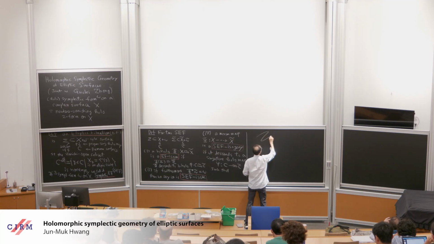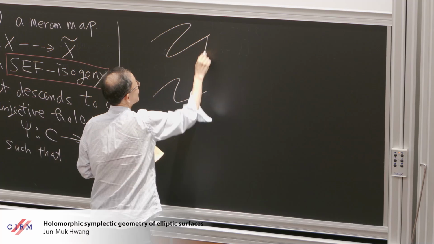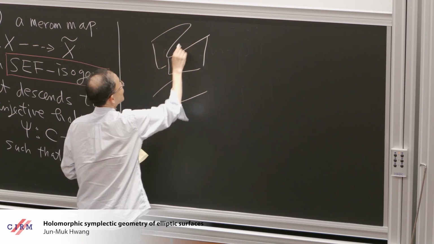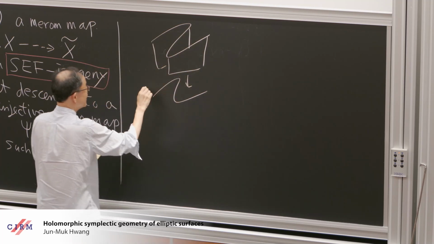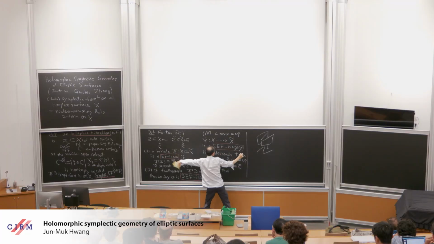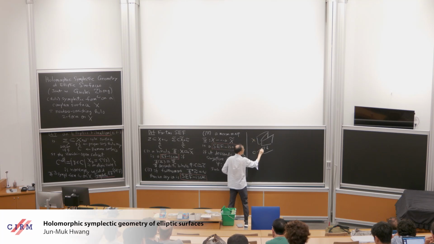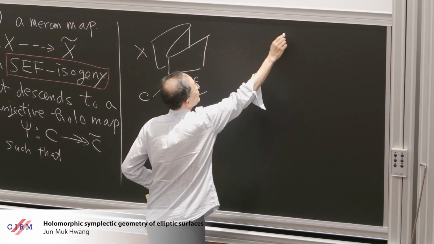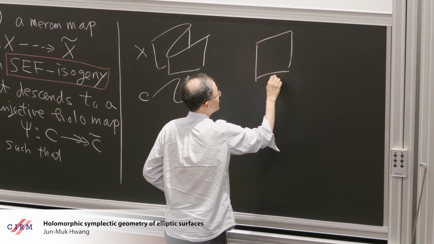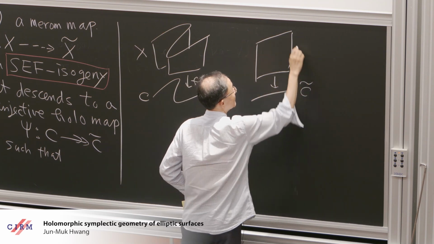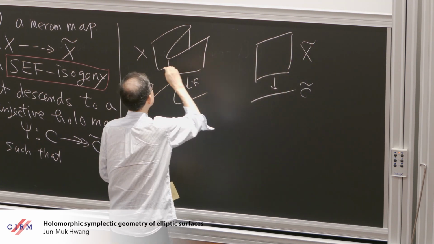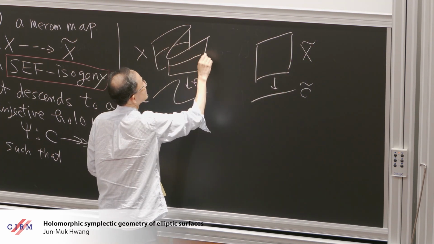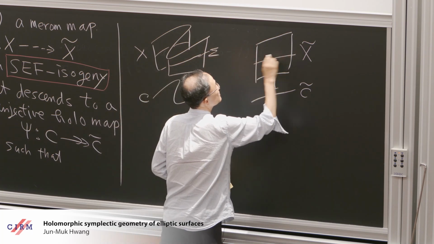Here is this elliptic fibration with section sigma, and here you have another elliptic fibration with section sigma 2.